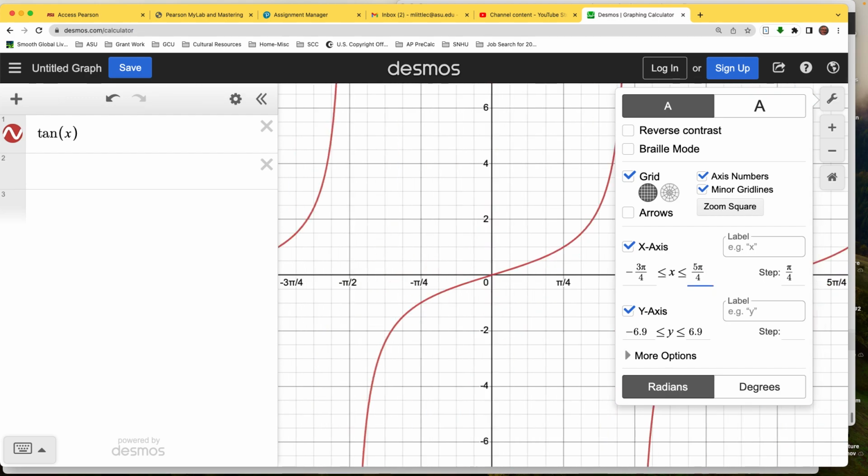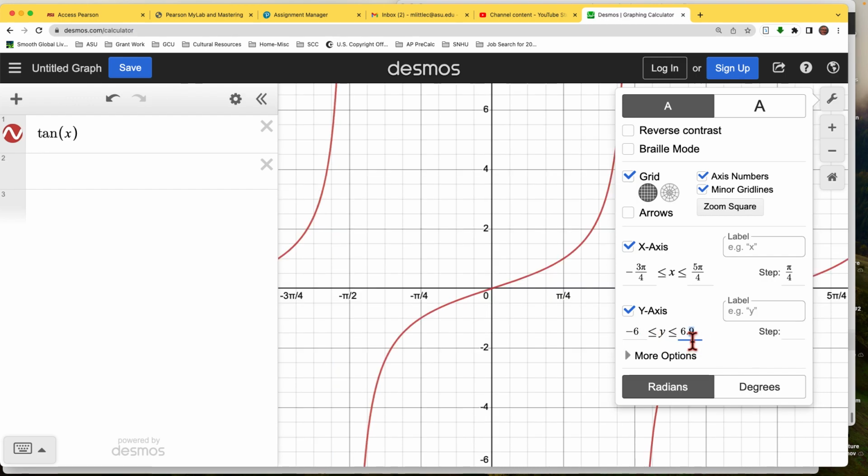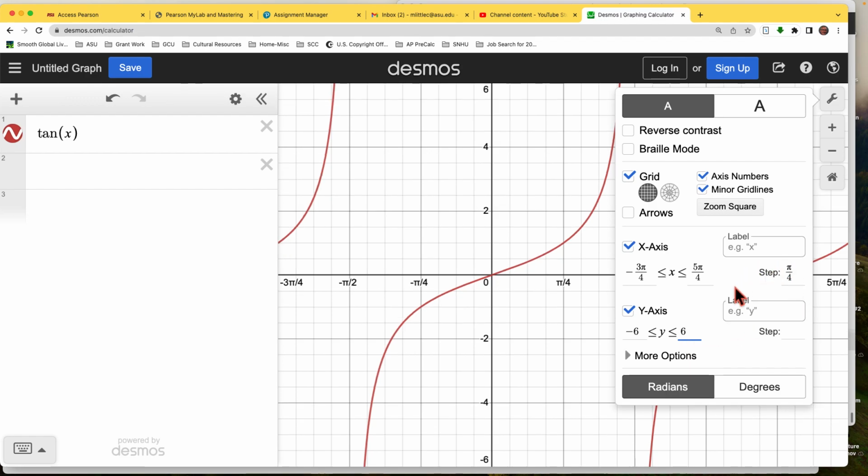And again, it just shows you enough. And then the y values, they're already going from -6 to 6, close enough. You could leave it as is, or if you want to be exact, they only went to -6 and +6, so we could change those. But the key part is here, and this step is how often it's going to graph it.